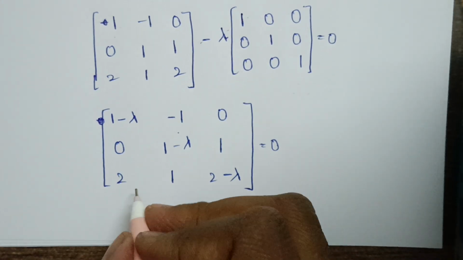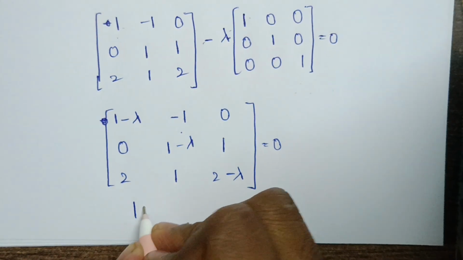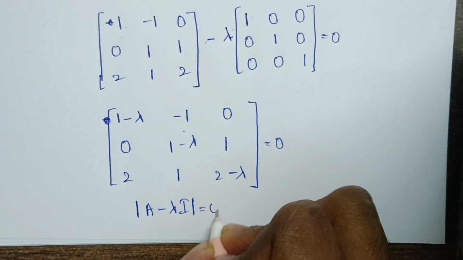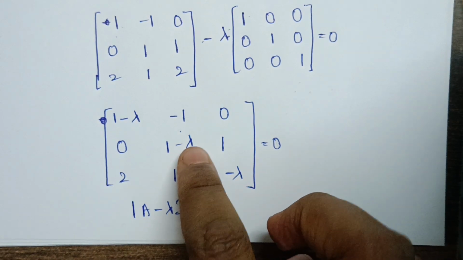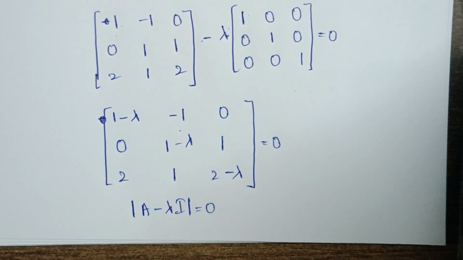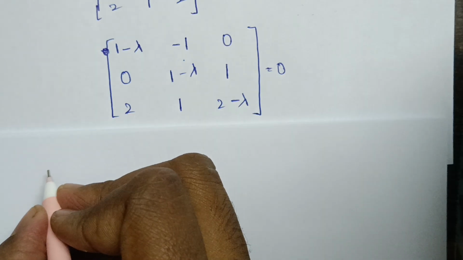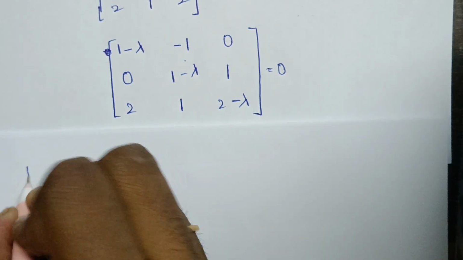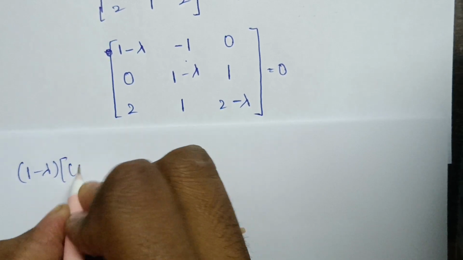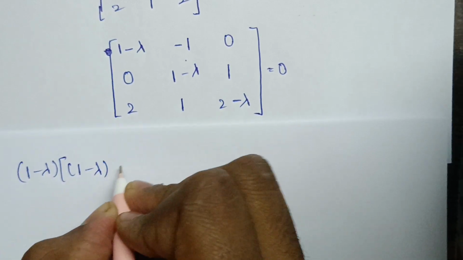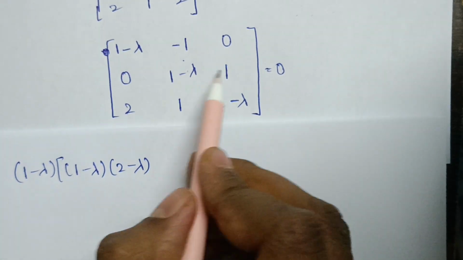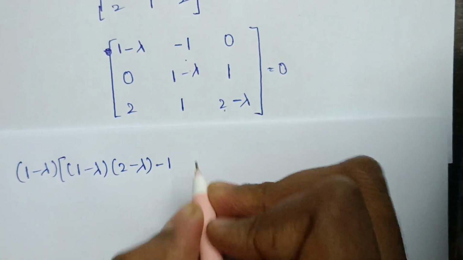We know that det of A minus lambda I is equal to 0. So we should apply det to this matrix in order to find the characteristic equation. So let us apply the det. So now 1 minus lambda into 1 minus lambda into 2 minus lambda.